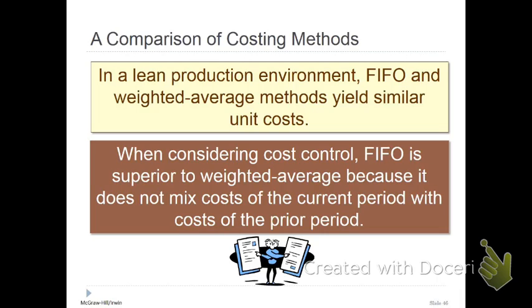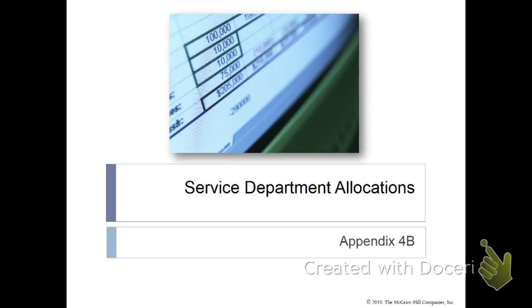In the event of a lean operating production environment, FIFO and weighted average are going to be very similar. So if you're using just in time, they're both going to give you approximately the same number. But FIFO is more accurate. If you want to know more on calculations, you can take a greater look in the appendix.